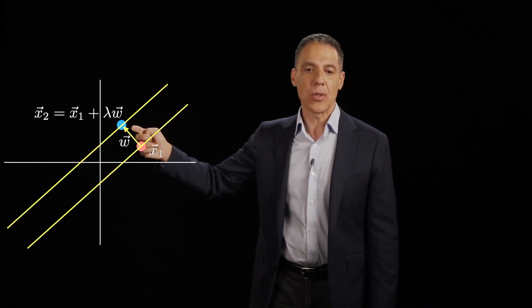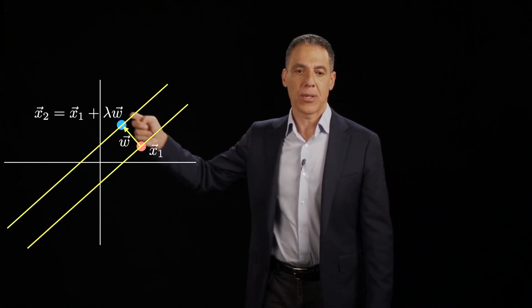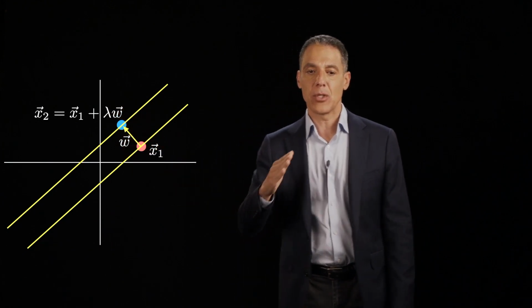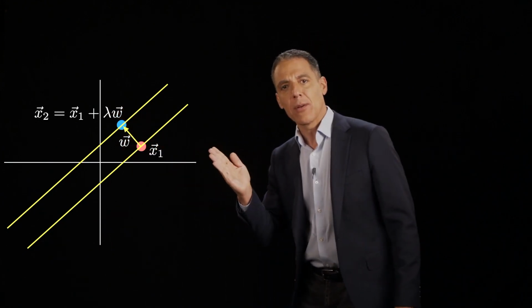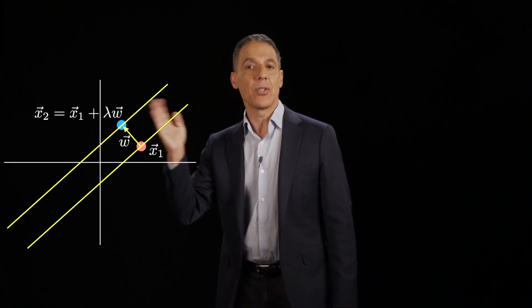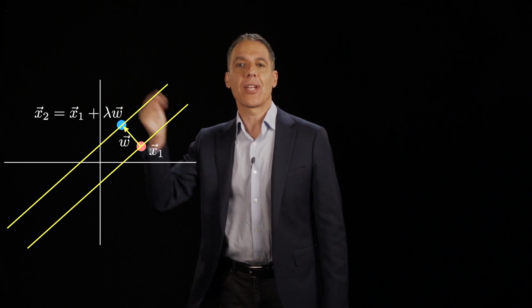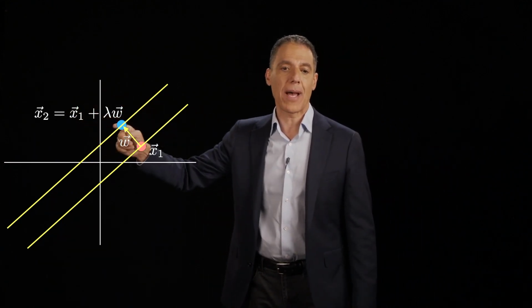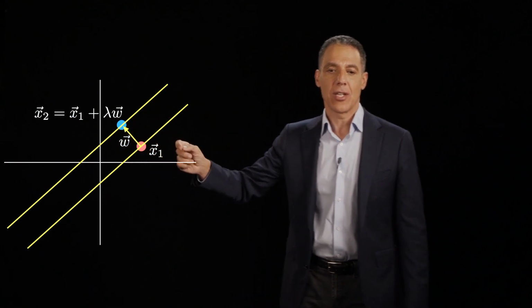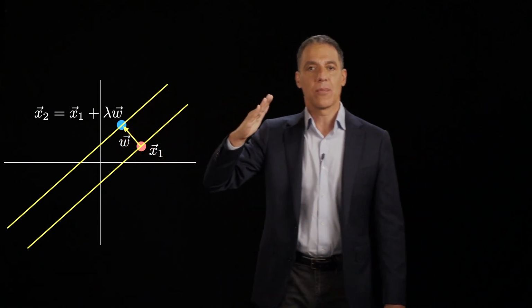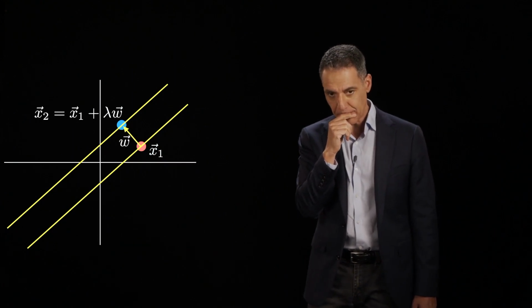Well, x2 is just x1 plus lambda, some scale factor, times that little vector w. I've just taken x1, and I'm going to push it along perpendicular to the line until I get to the other side of the classification boundary. And so x2, its corresponding point here, is just this point plus lambda w, of course w being the normal vector to the line.